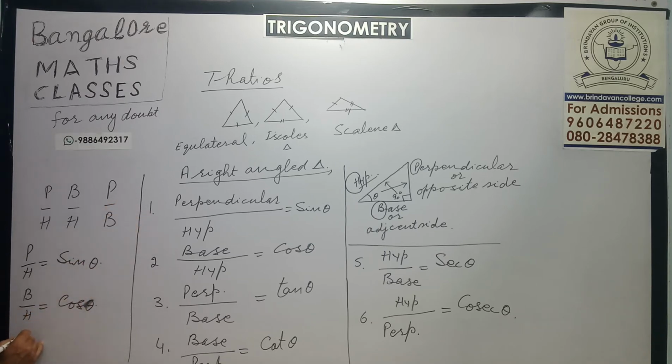Ratio of the next two, P by B, is tan theta. Sin, cos, tan. PBP HHB. P by H is sin, B by H is cos, P by B is tan, and then their reciprocals. So thus we will get 6 ratios.